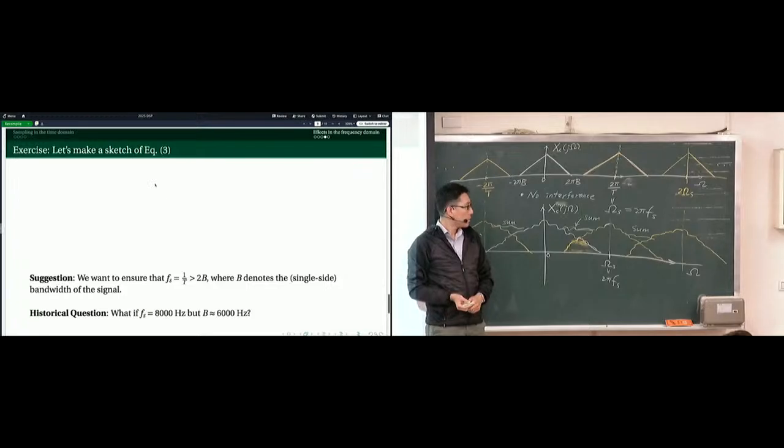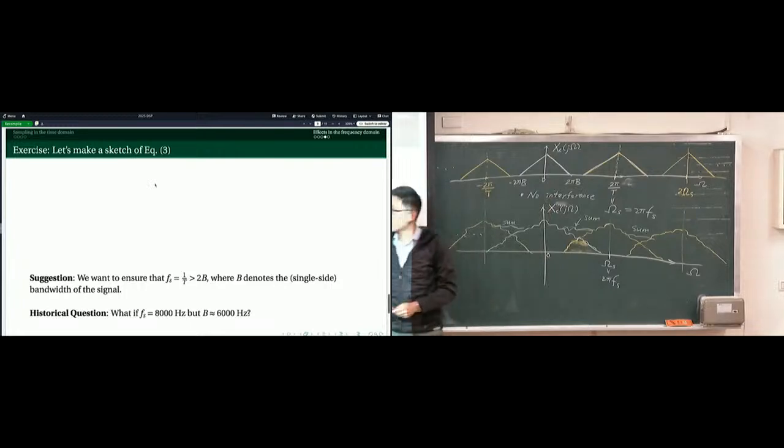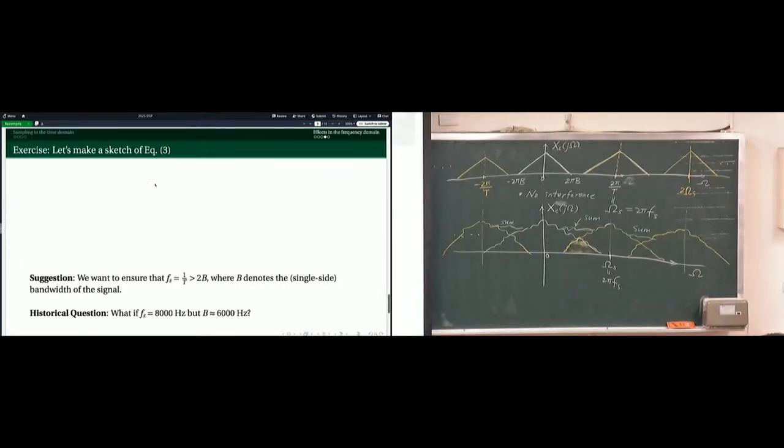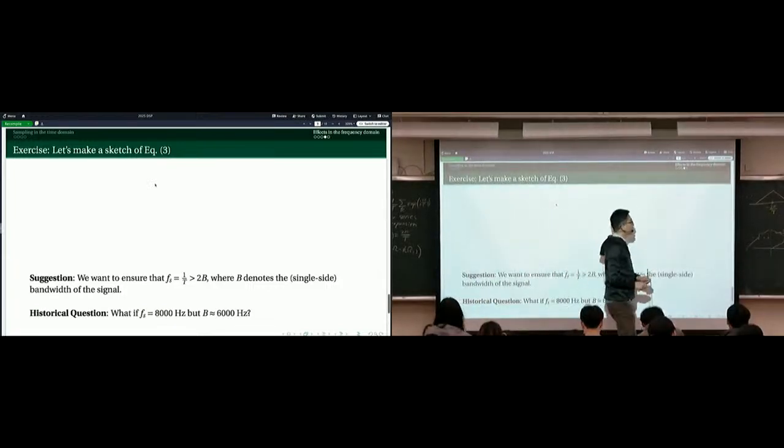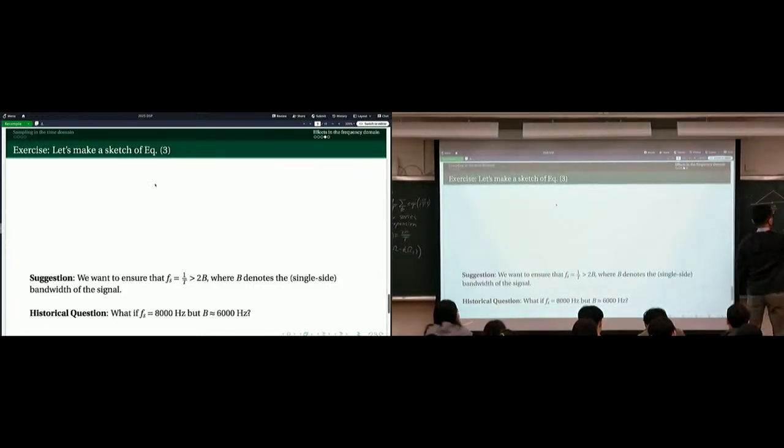Why are we in trouble? Because compared to the first case, this first case is a Fourier transform, remember, of this series of spikes, right? This is the Fourier transform of our signal after sampling. Sure, it looks different, but the middle part is still preserved.